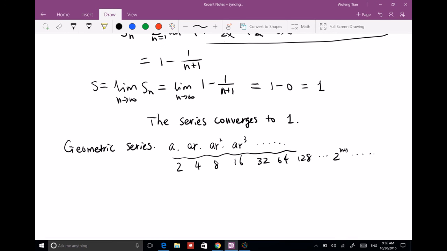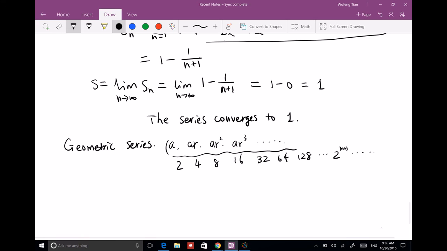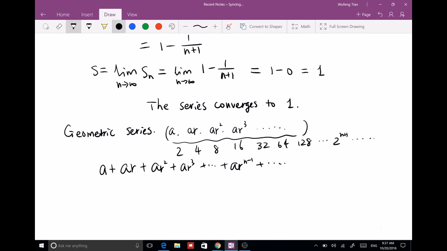So what is the geometric series? This is a sequence, it's not a series. A series is the summation. So the geometric series is A plus AR plus AR squared plus AR cubed plus ... plus AR to the n minus 1 plus so on. Basically you have a common ratio between terms, but if you add everything together, it is a geometric series.